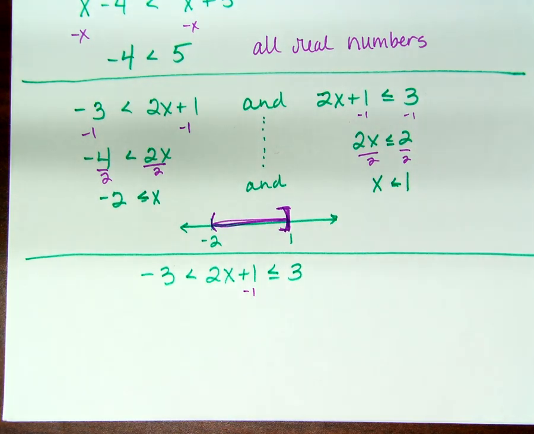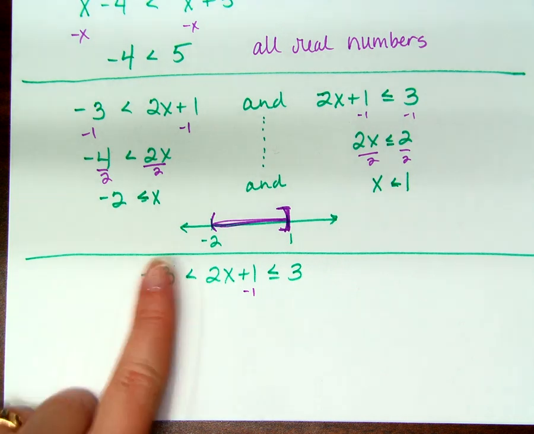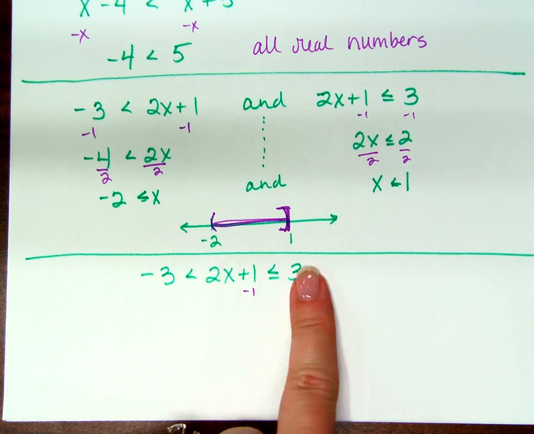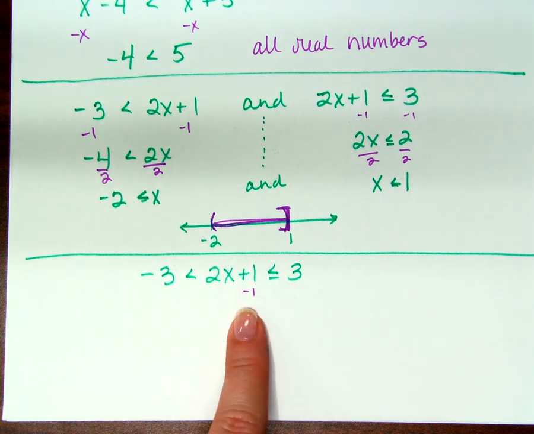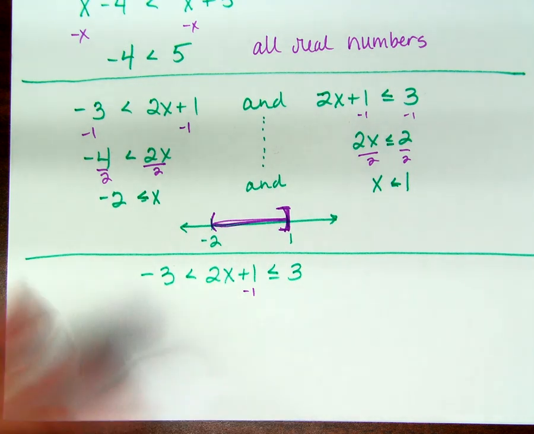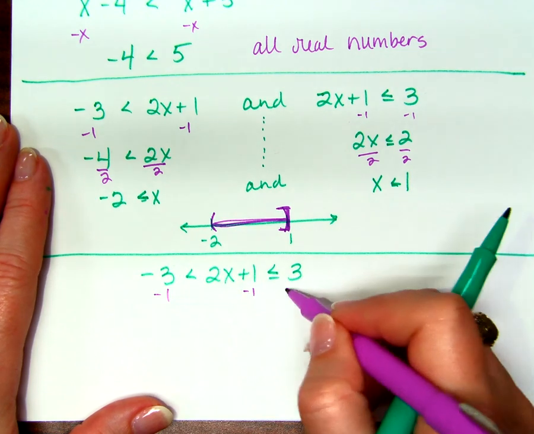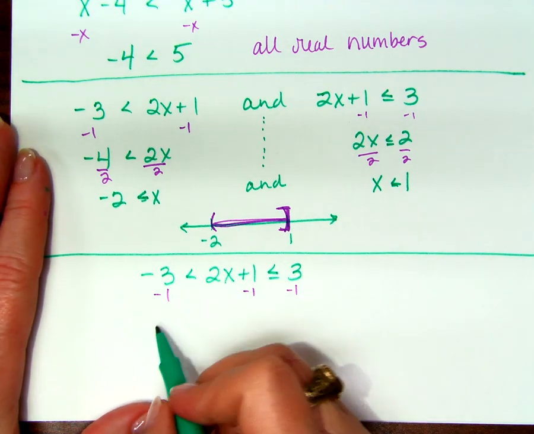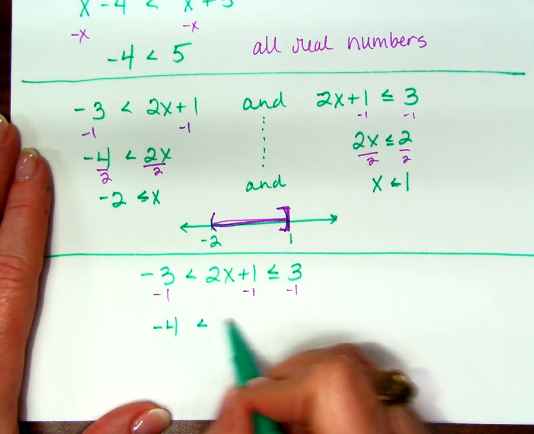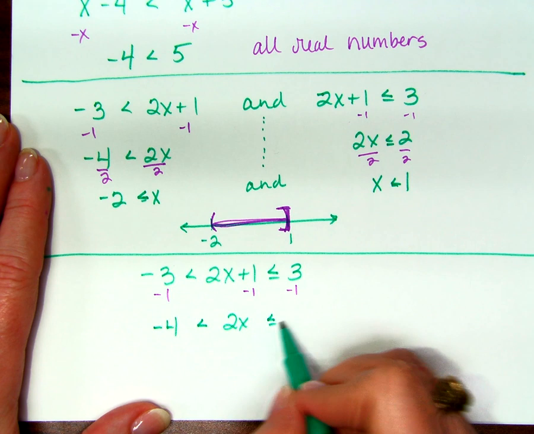Because we've only ever had 2 sides. How many sides do I have now? 3. I have this one, and this one, and this one. So if I subtract 1, I just need to subtract it from all the sides, from everything. So minus 1 here and minus 1 here. So I get negative 4 is less than 2x is less than or equal to 2.